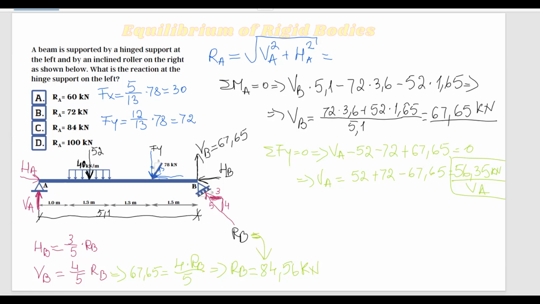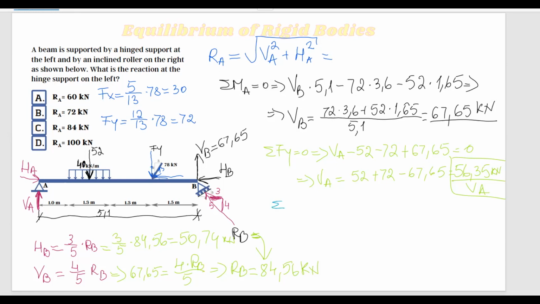It points downwards like this. And now that we know RB, we can calculate HB. HB is 3/5 multiplied by 84.56, so HB is 50.74 kilonewtons. So this is HB. Now we have HB, and we can calculate HA.